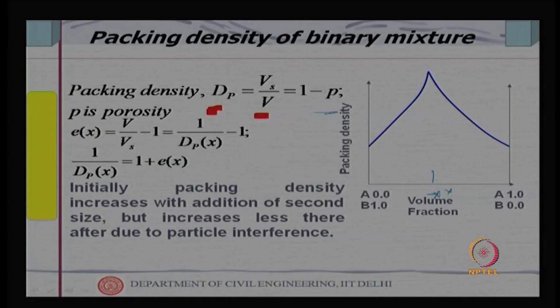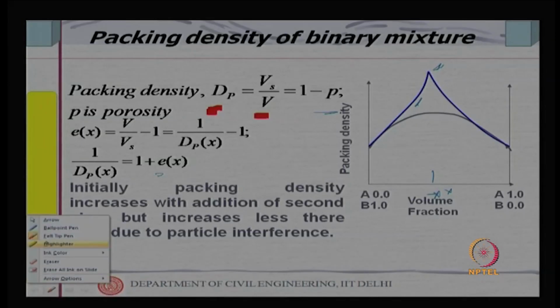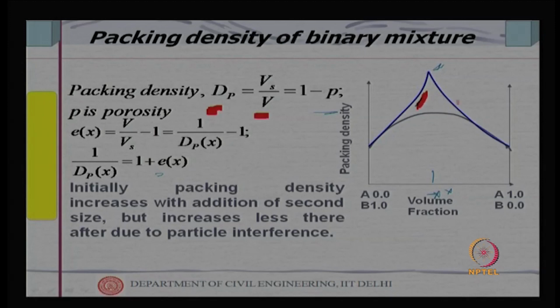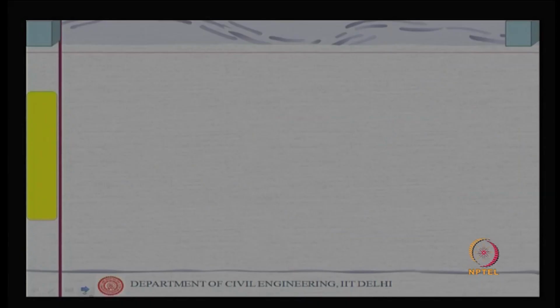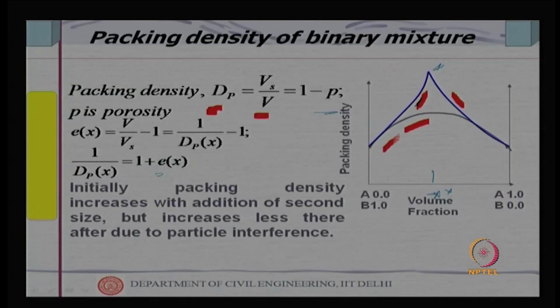So, initially packing density increases with addition of a second size, but increases less after due to some particle interference, and you can see that something like this will occur, following this form of a curve. So, this would have been the ideal case, but the real case is something like this because of the particle interference. Ideal case would have been something like this, following this equation on this side. Real case is somewhat different. So, packing density is something of this kind.